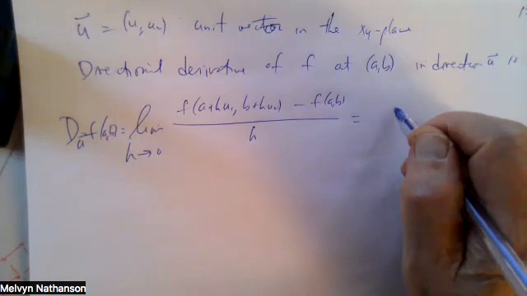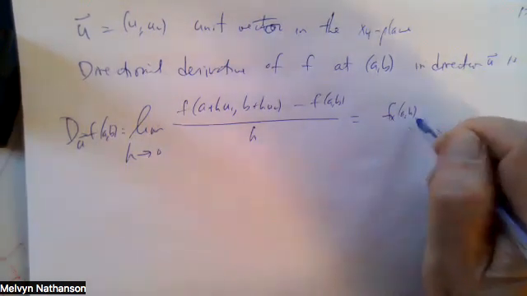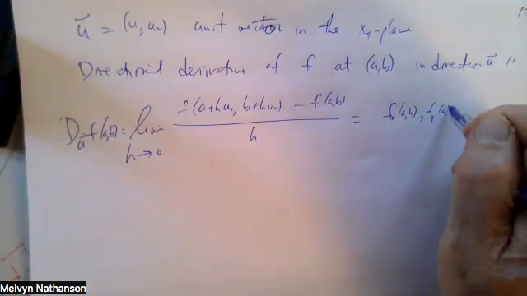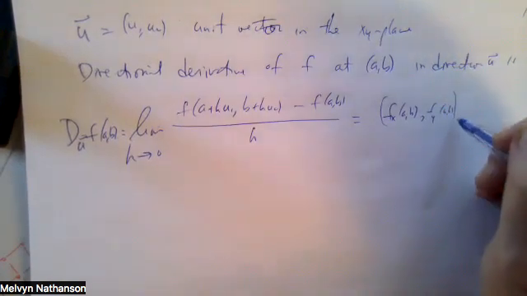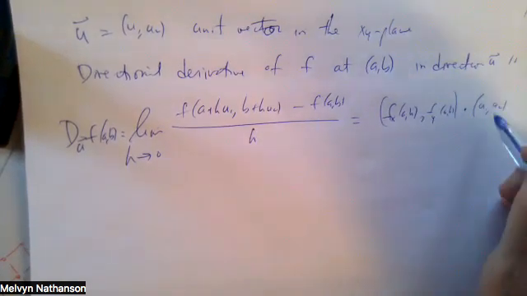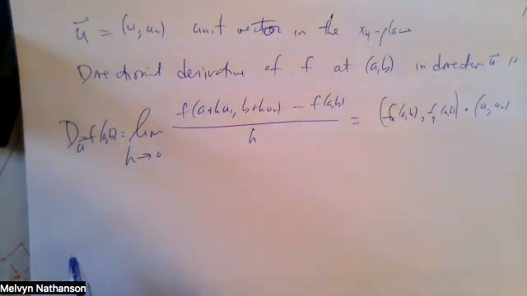If I take the partial derivative of f with respect to x and the partial derivative of f with respect to y at (a, b), look at that vector, dot product with the vector (u1, u2), that's the directional derivative in the direction u.